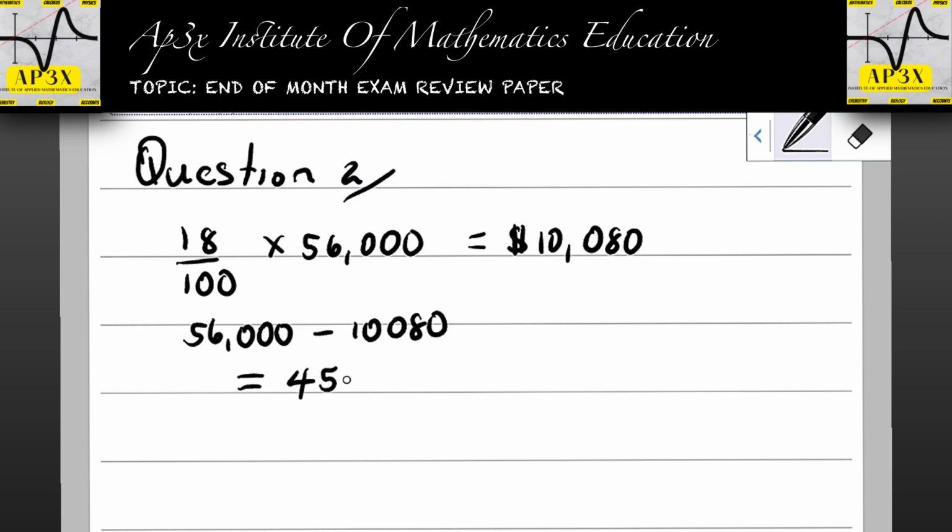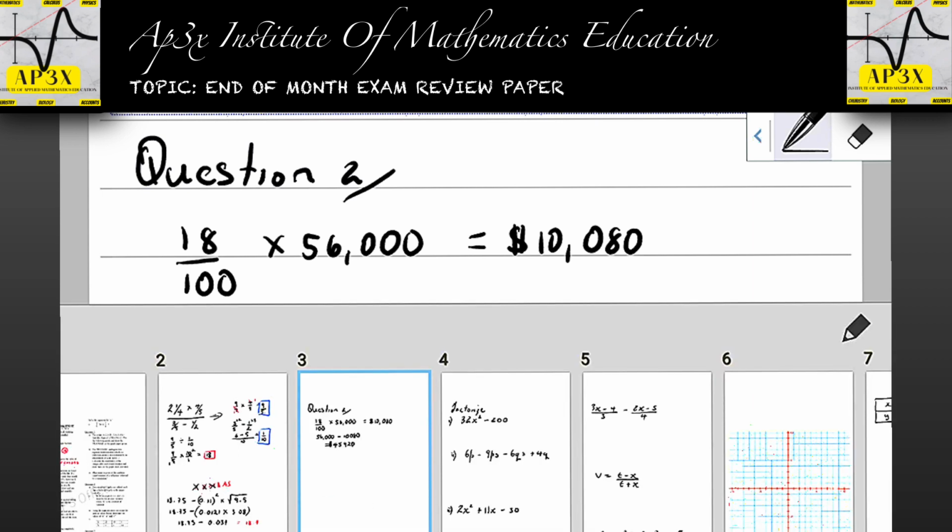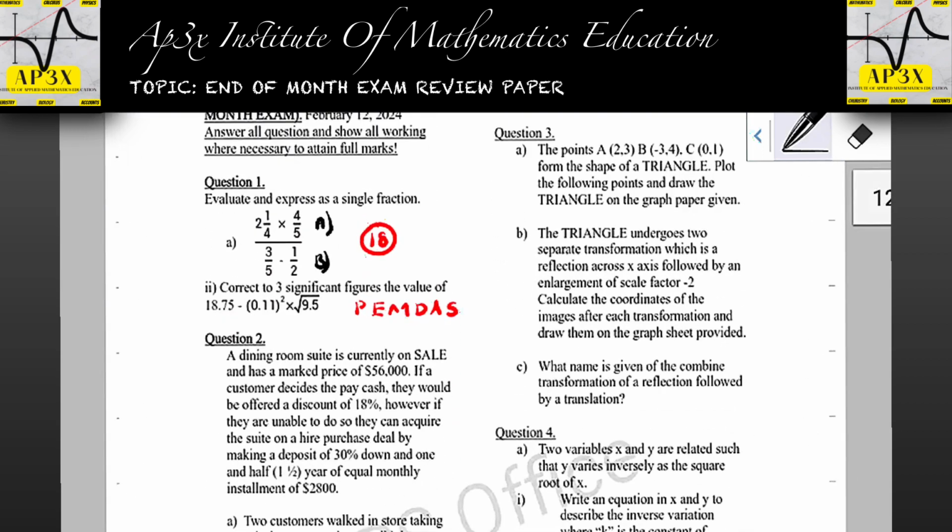Yes, that is correct, $45,920. So this is what the customer that is paying cash would actually pay to the clerk at the counter. All right, now that doesn't answer the main question. That is just a part of our calculation.